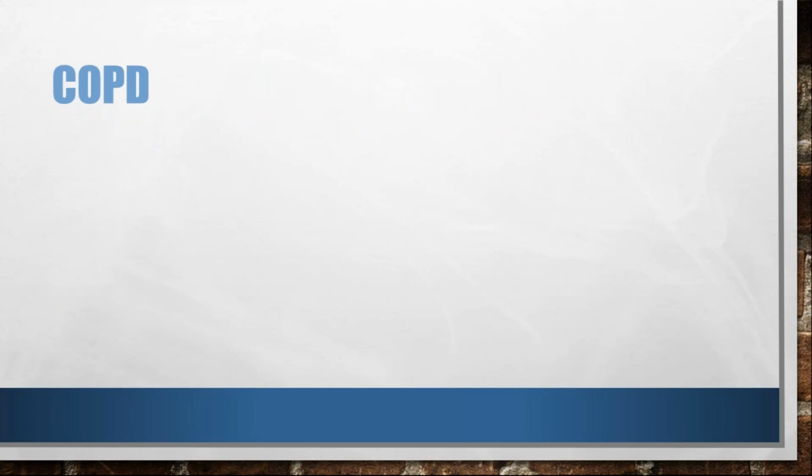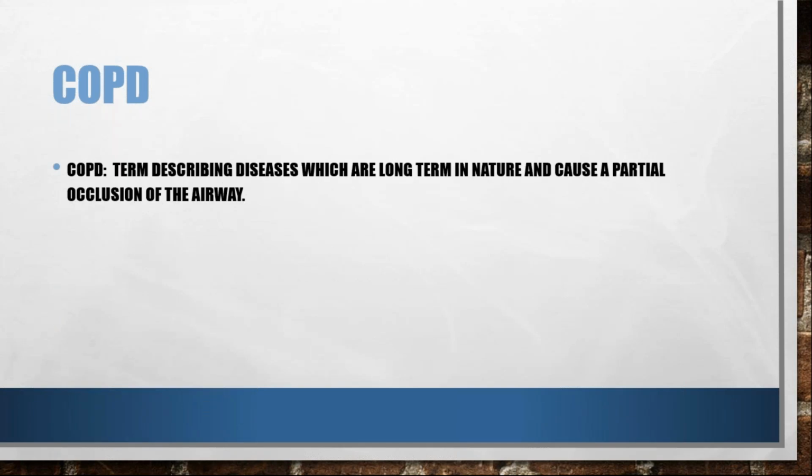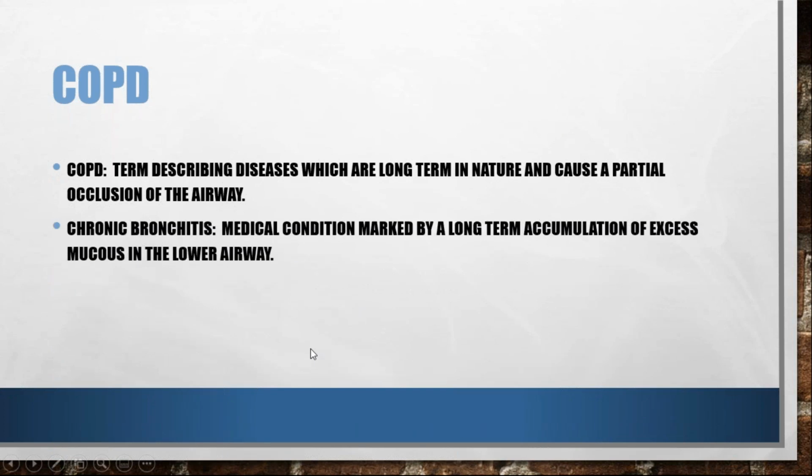Now, this is one of the major breathing emergency disease processes that we're going to come across in our profession within EMS. COPD stands for chronic obstructive pulmonary disease. Now, there are two different kinds of COPD, how they're classified. One is going to be chronic bronchitis.